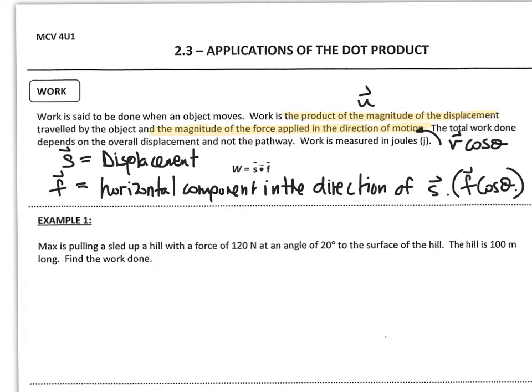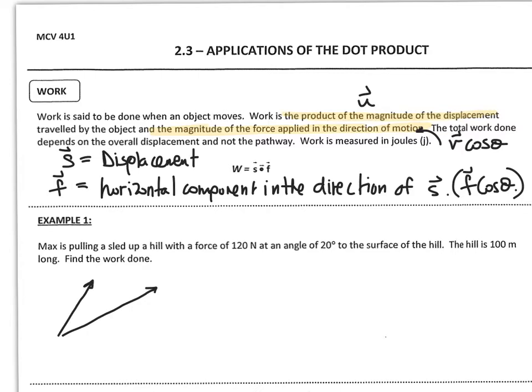With our first example here, Max is pulling a sled up a hill with a force of 120 newtons at an angle of 20 degrees to the surface of the hill. The hill is 100 meters long. If we draw this out, we've got a hill going in that direction, and he is pulling this way.